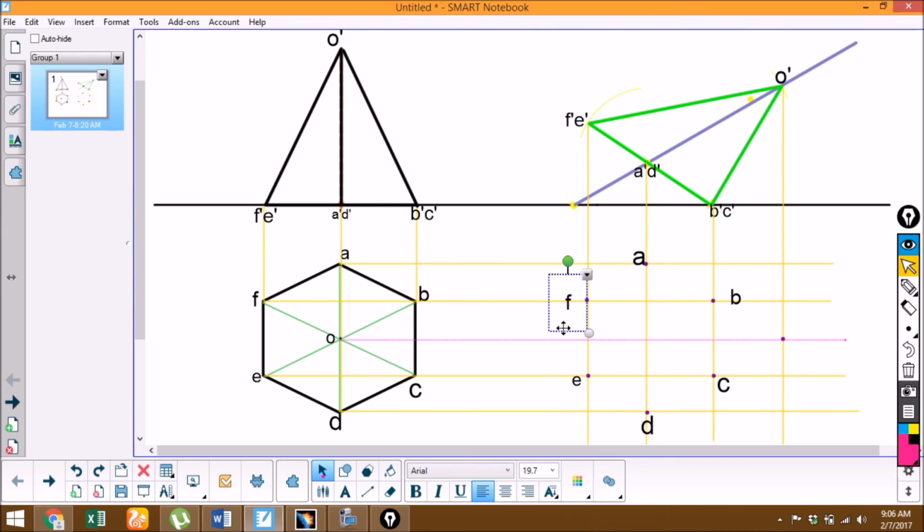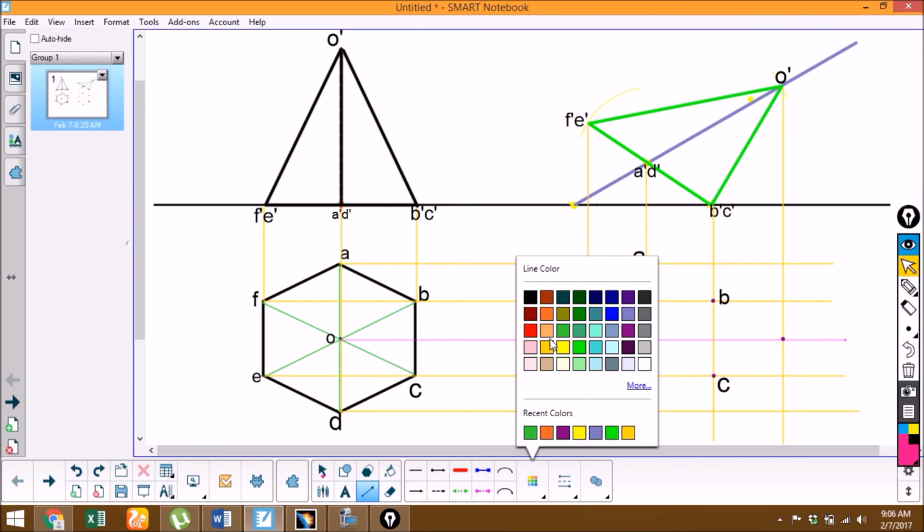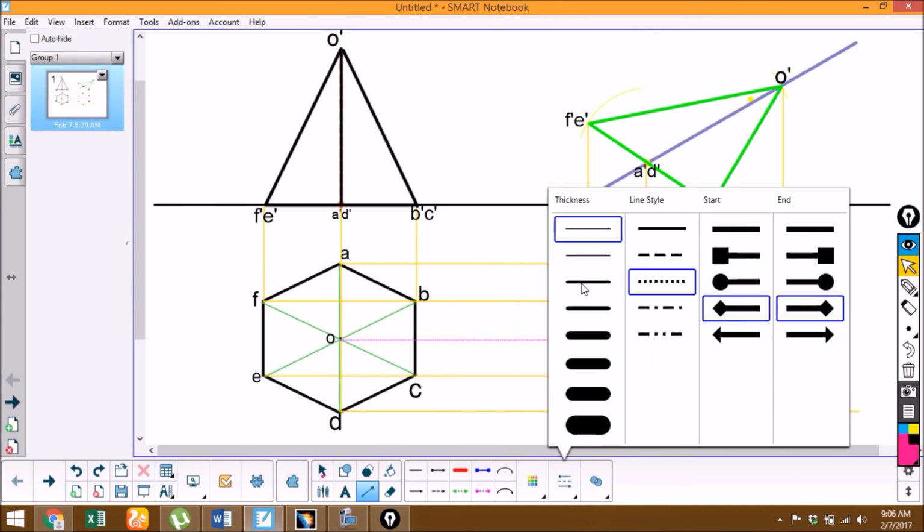Because of the inclination, the axis is inclined 30 degrees with respect to the HP, so the shape of this regular hexagon will change, that is, it is reduced.